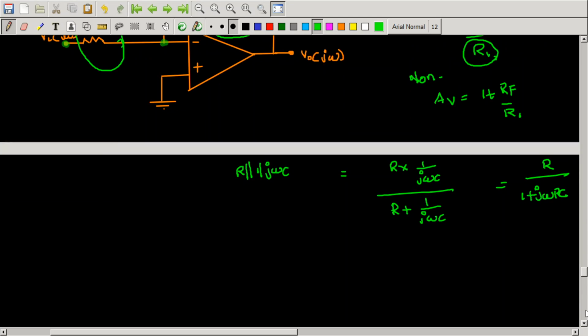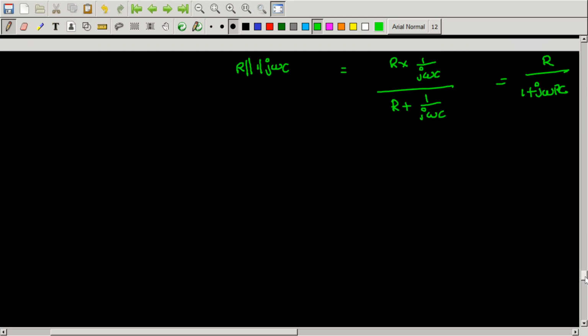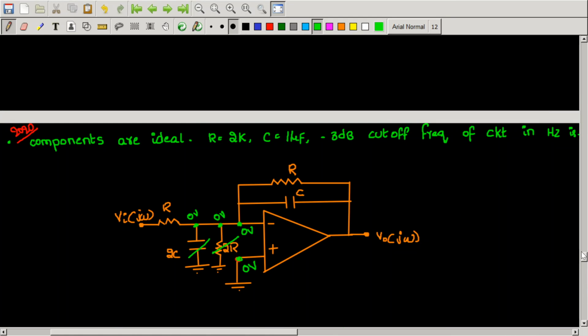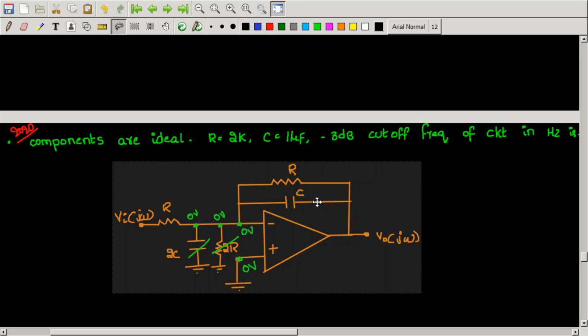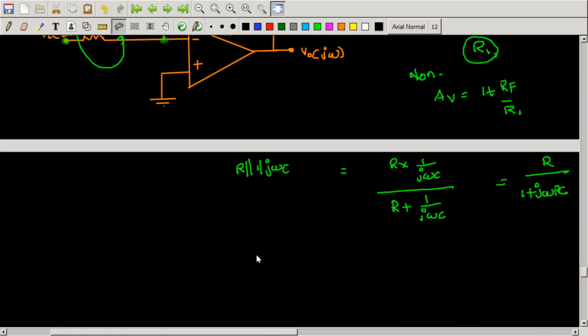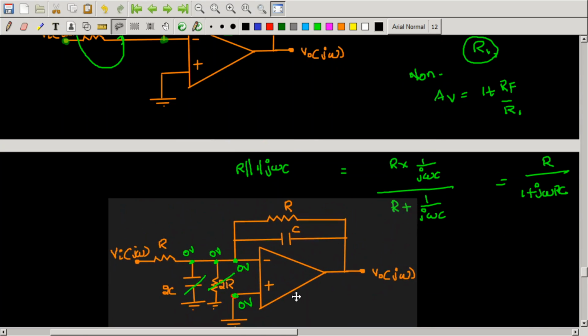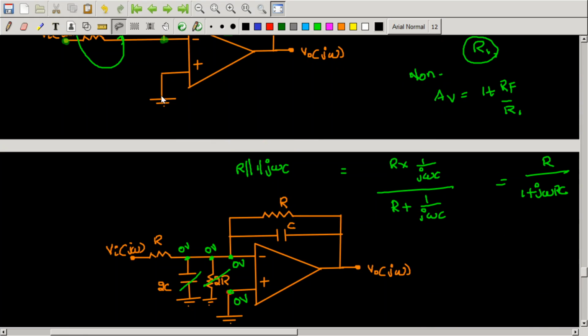So let me simply copy this and paste it here. Sorry for this erasing stuff.